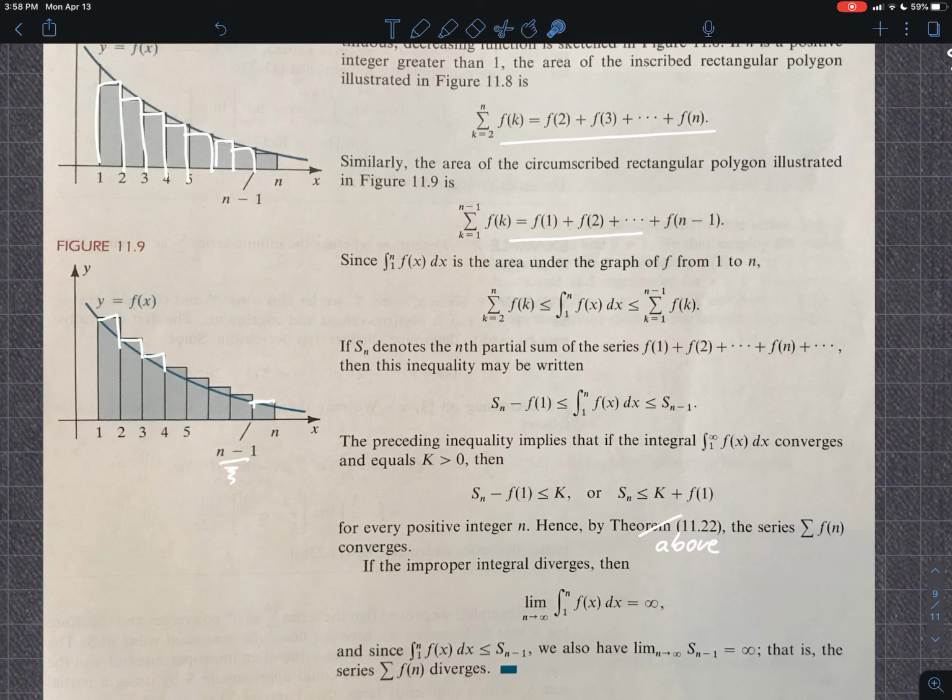So the inequality implies that the integral converges or equals k. If this does converge, then you have these two possibilities. You have S sub n minus f of 1 is less than k, or you say S sub n is less than or equal to k plus f of 1.